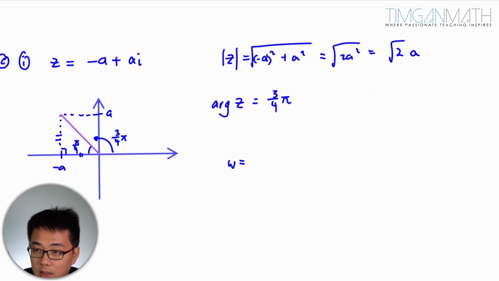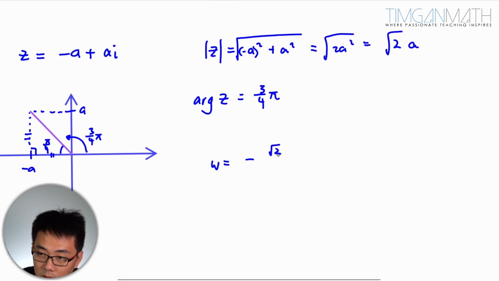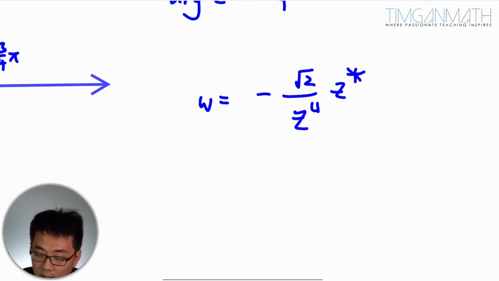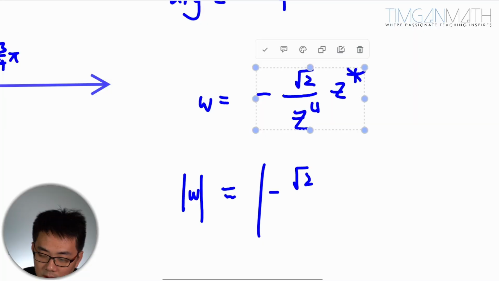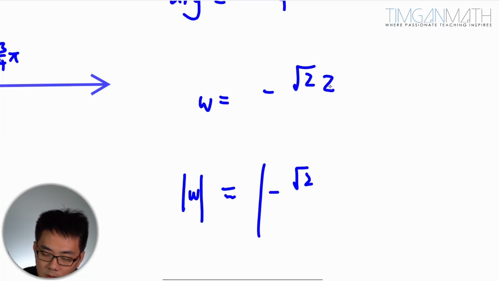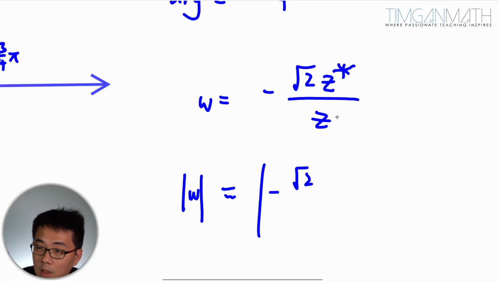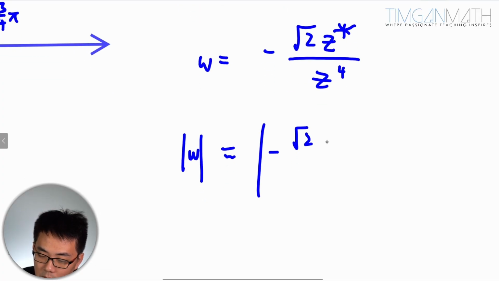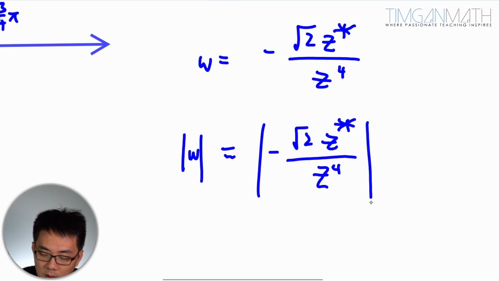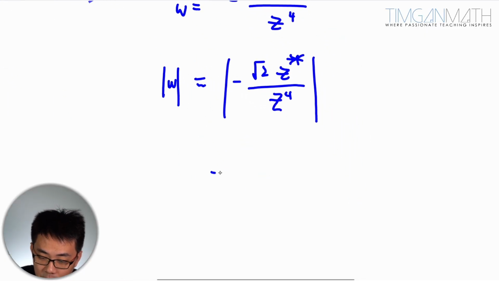Then w would be minus root 2 z conjugate over z to the power 4. So if you want that in that form, what we need is the modulus of w first. Modulus of w will be the modulus of the whole thing. Root 2, maybe I write it nicely, over z to the power 4 is z conjugate. Alright, then in this case, when you mod the negative, of course, it is positive.